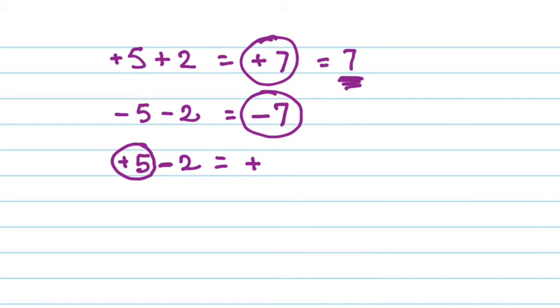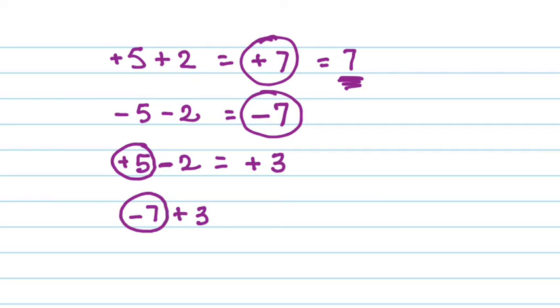Yeah, thank you. All right, and then 5 minus 2, of course, is simply 3. There you go. What if I have -7 plus 3? Now, are the signs the same or different? Different. And remember, the larger one always tells the smaller one what to do.